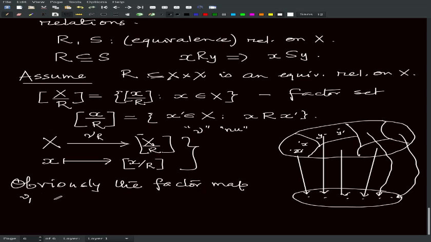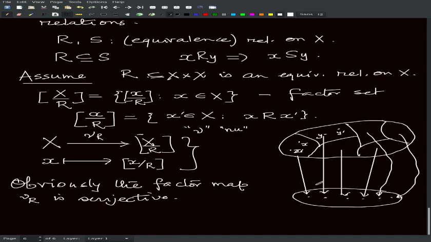Nu R is surjective. And I'll not prove it. I hope you can do it. Because if you take any member, this is the set of equivalence classes. So any member over here is nothing else but the equivalence class of a member from here.